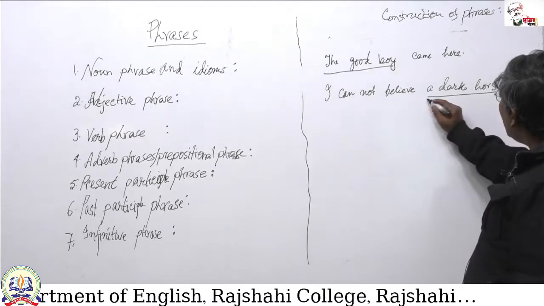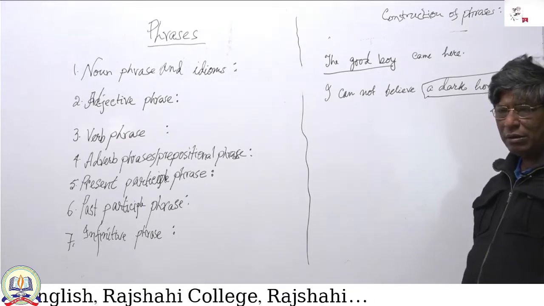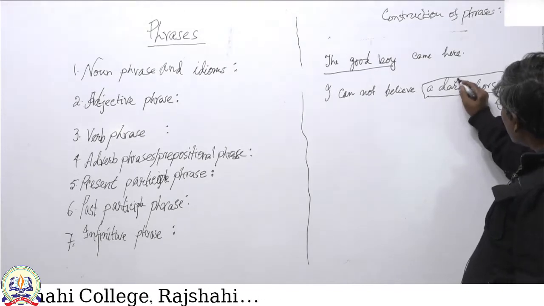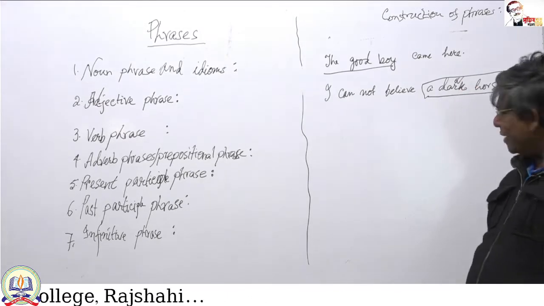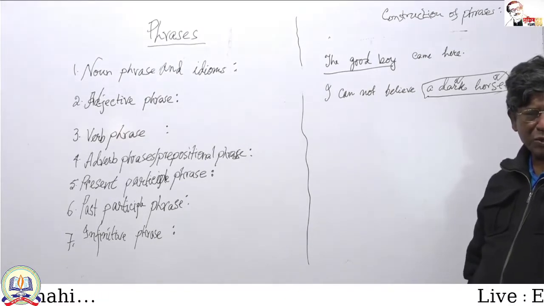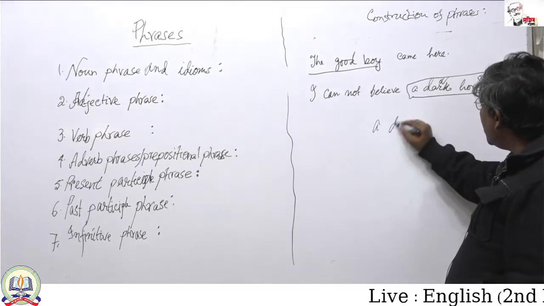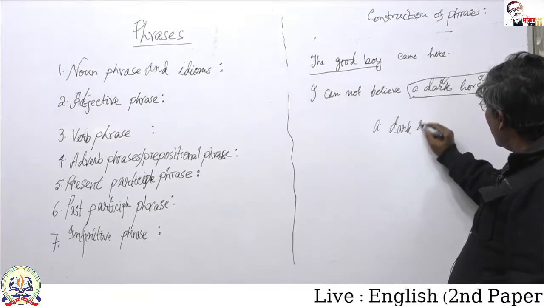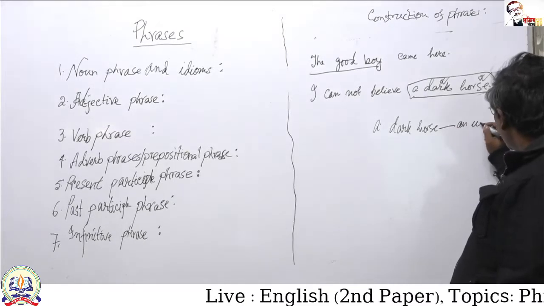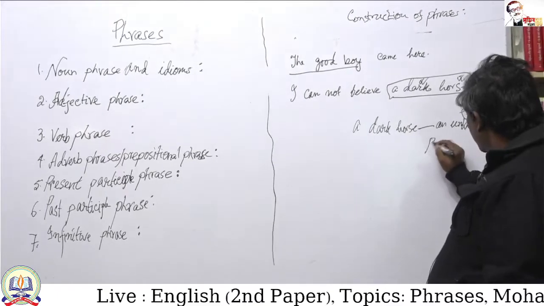But in this noun phrase, the words cannot sustain their original meanings. You know, dark means the opposite of light, and horse means a four-footed animal that runs fast. But the phrase a dark horse means an unknown person.